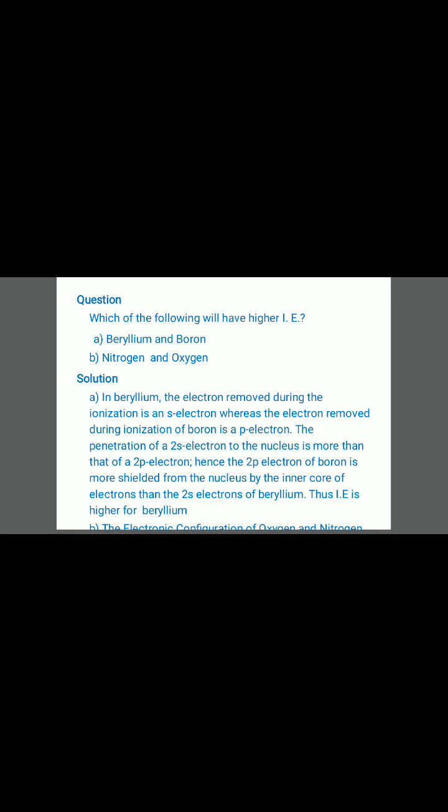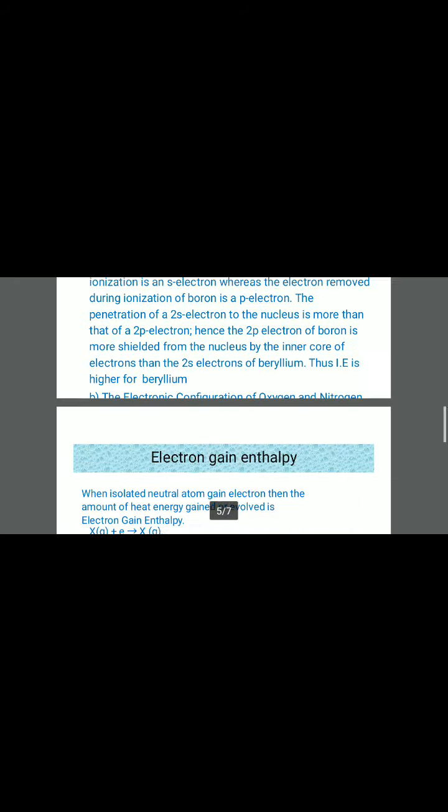Hence, the 2p electron of boron is more shielded from the nucleus by the inner core of electrons than the 2s electron of beryllium. Therefore, ionization enthalpy is higher for beryllium. Similarly, in the case of nitrogen and oxygen, the answer is that ionization enthalpy will be higher in the case of oxygen.